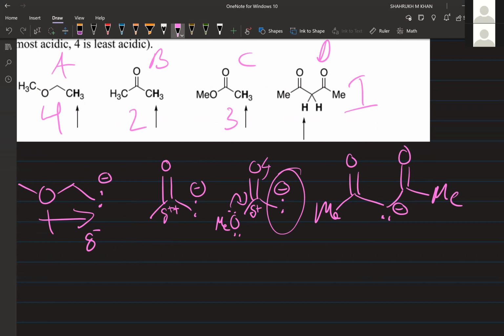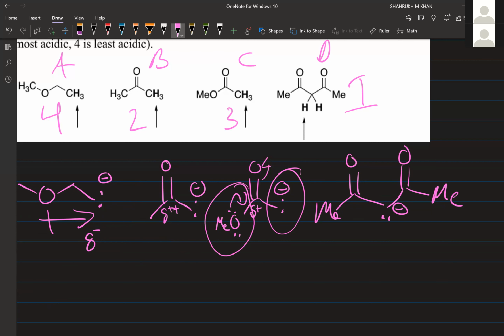An ester, the carbon in an ester, is significantly less partially positive because of this pi donation that happens. This is that arrow I showed. If this lone pair is pushing electrons in here, that means this carbon has more electron density compared to the ketone. If it has more electron density compared to the ketone, it's not going to be as partially positive, which is why I noted it with just 1 plus.